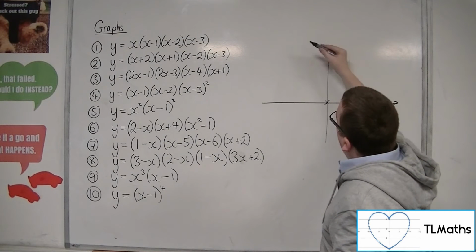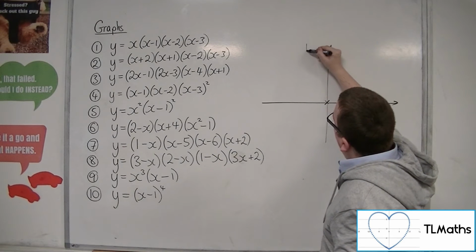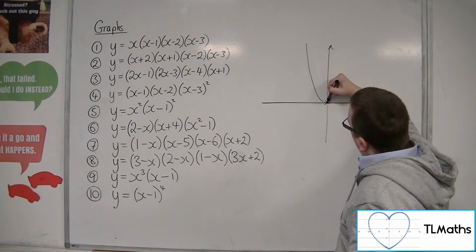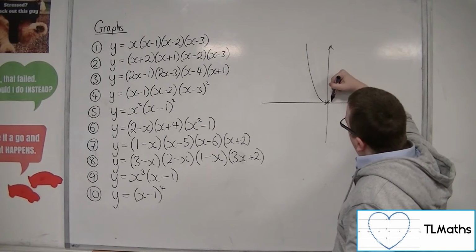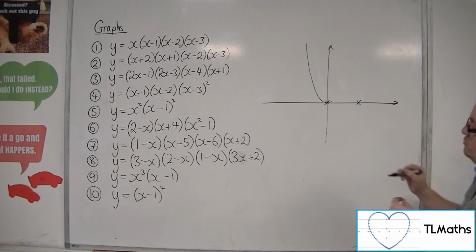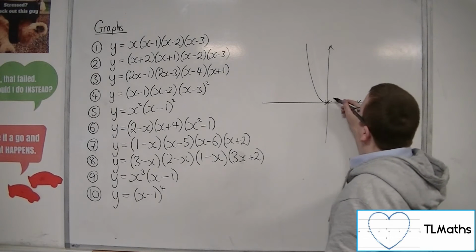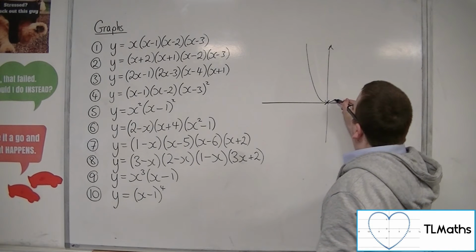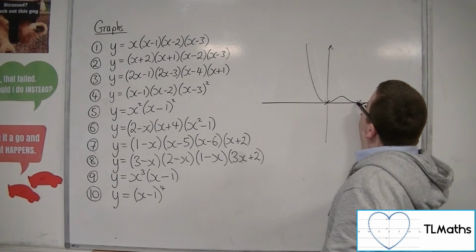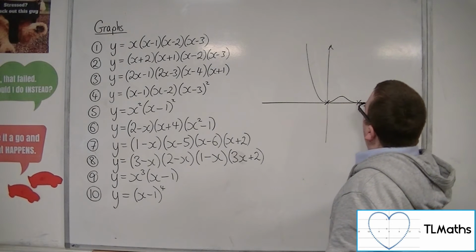So, in order for the curve to come down and not cross through the x-axis, it must be a local minimum. So it must just brush the x-axis at that point. And then it must come back on itself to brush the x-axis at this point as well.